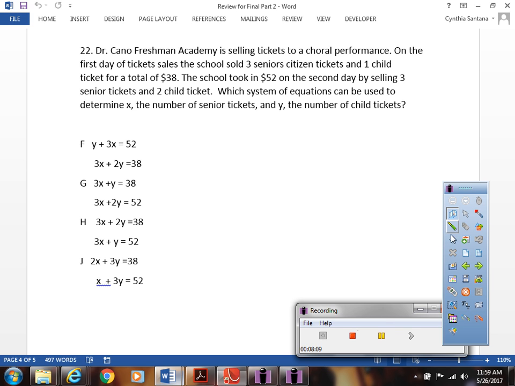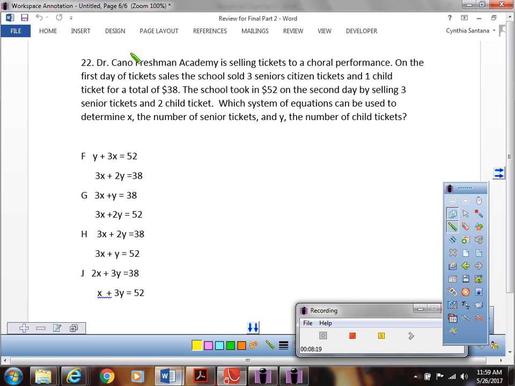Which system of equations can be used to determine x, the number of senior tickets, and y, the number of child tickets? You would definitely want to use a highlighter for this type of problem. I've told you that before, because you want to look for your totals, the prices of the tickets, how many tickets they got. All that information is important.